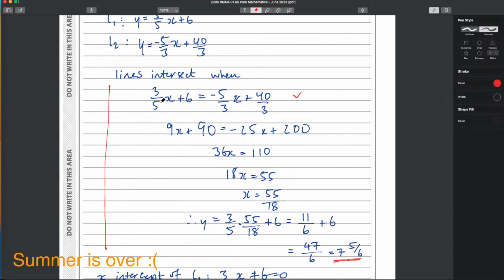Multiplied by 3, 9x plus 9 on 5x plus 18 equals negative 5x plus 40. Multiplied by 5, 9x plus 90, negative 25x plus 200. This is fine. 9.